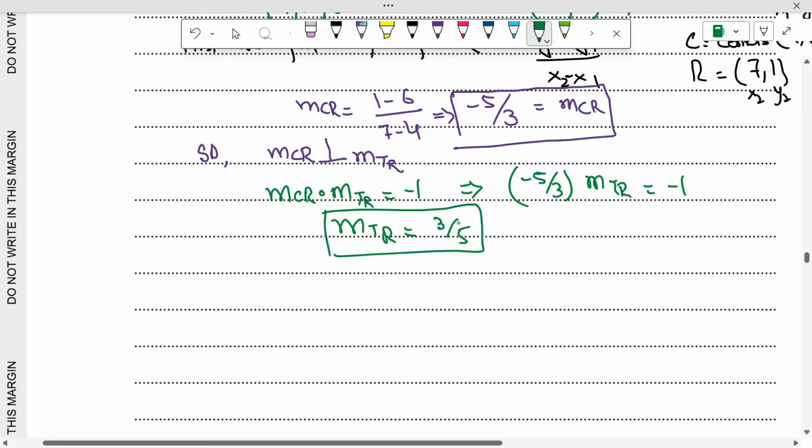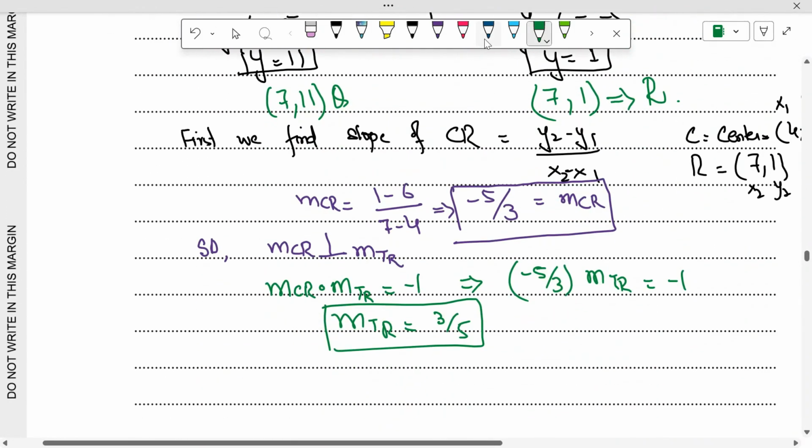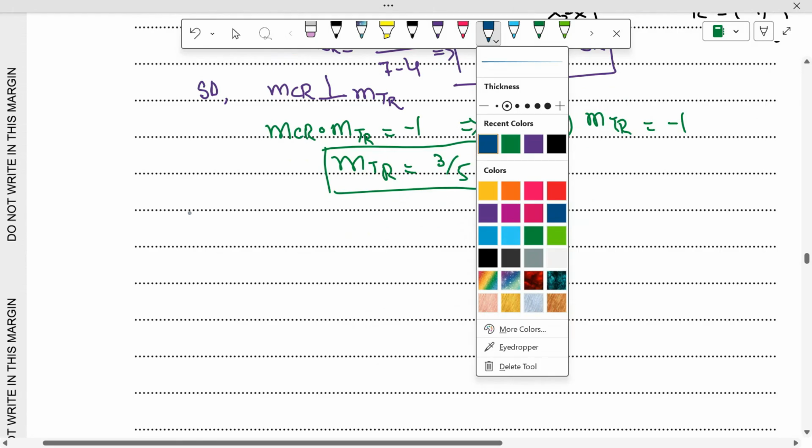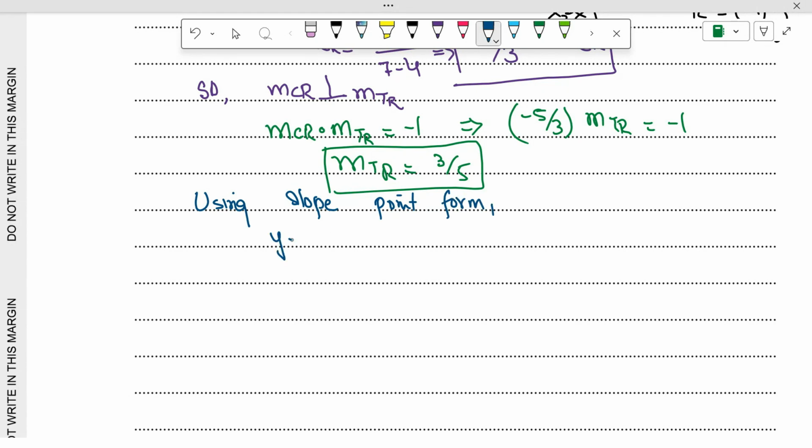So we have the slope of tangent at R, and we have the point R. So we can use slope point form to find the equation of the tangent at R. Using slope point form, y minus y1 equals m times x minus x1, and in this case m, the slope of tangent at R, is 3 over 5, and we have the point R, which is 7 comma 1, and this one is x1 comma y1.